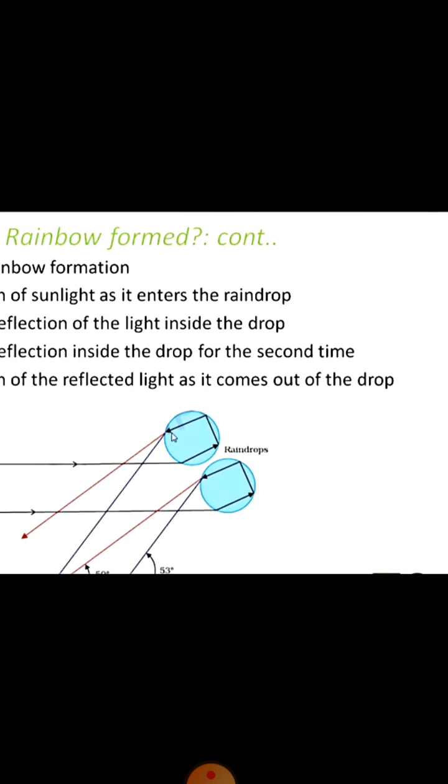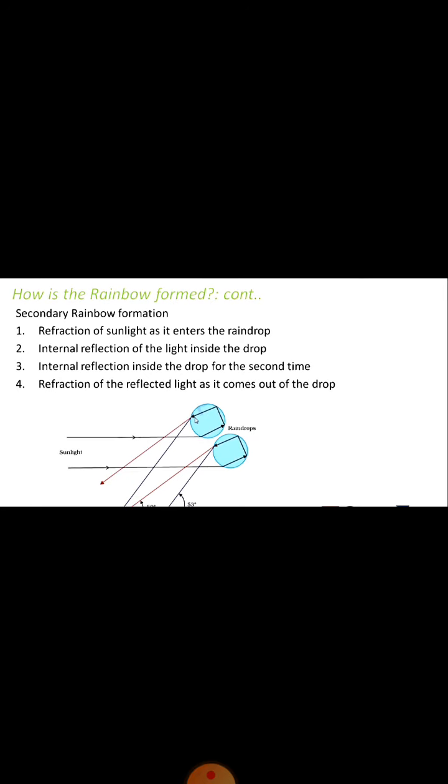It's just that in the formation of the secondary rainbow, internal reflection inside the raindrop takes place twice, so it is known as the secondary rainbow. And again, when it comes out of the drop, refraction takes place in the same way, as there's a change in the medium. Everything else remains the same.